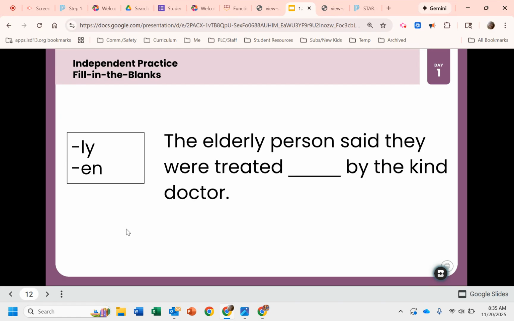Number 2: The elderly person said they were treated blank by the kind doctor. Which suffix do you think this word will need? Remember, it's going to answer, how were the elderly patients treated?